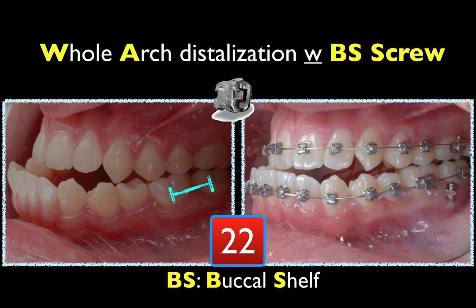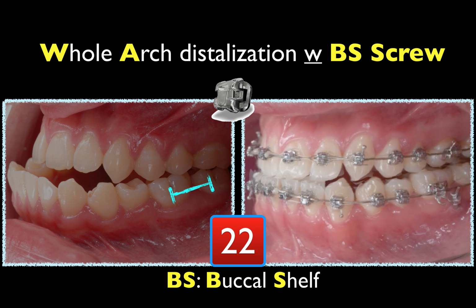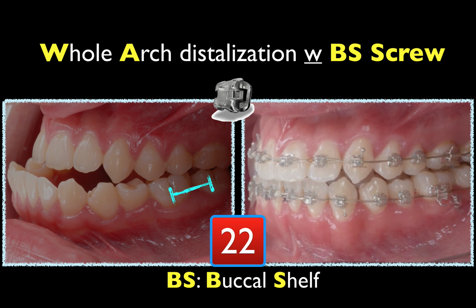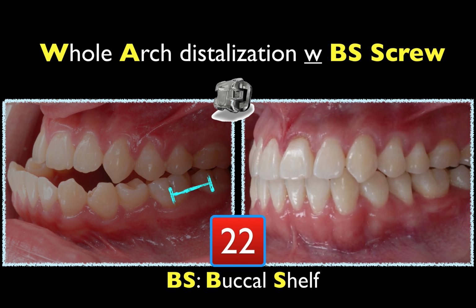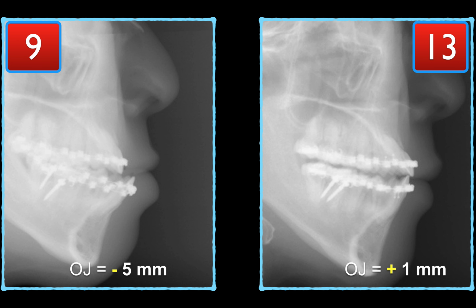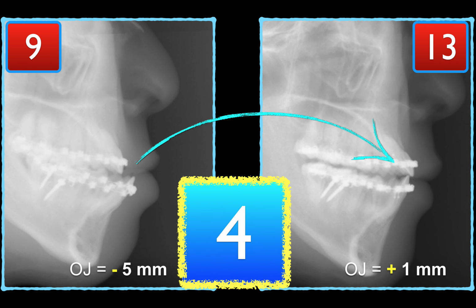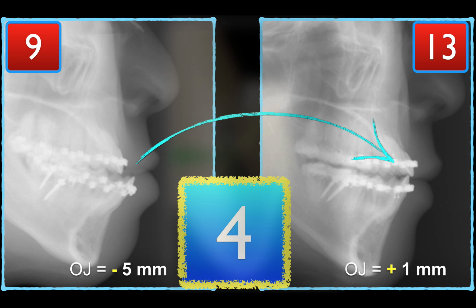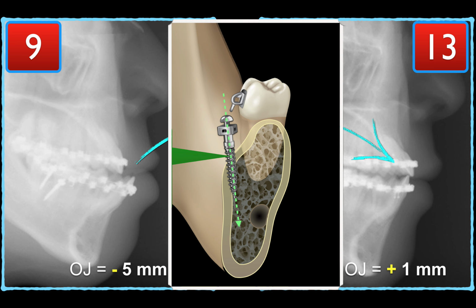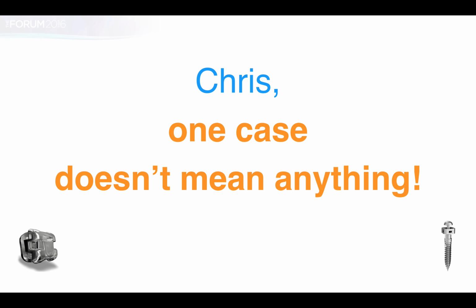And within a couple months, we'll be able to solve this major problem. And in fact, to convert 5 millimeter negative overjet to 1 millimeter positive overjet, it only took me 4 months. How could that be possible? Because the screw is put outside the root.